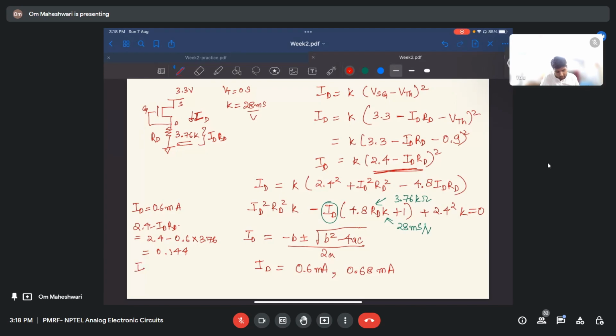Now when ID equals 0.68, then 2.4 minus 0.68 into 3.76 comes out to be minus 0.156.